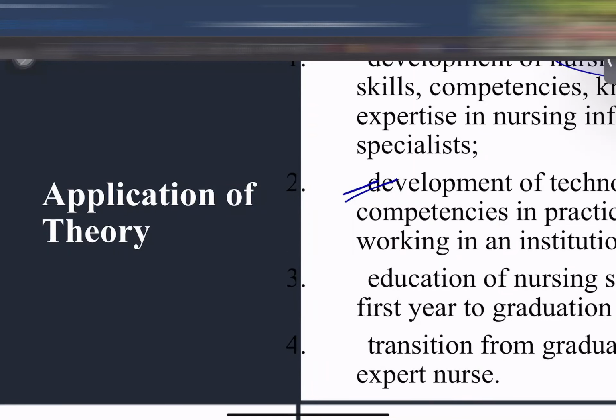Your fundamentals in nursing skills could also reinforce the procedures that you will be doing when you are in third year and fourth year.